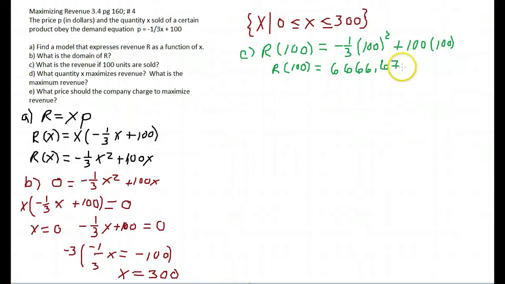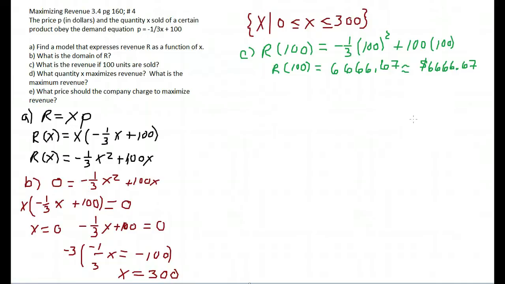So since this is money, we have $6,666.67. That's what we get when we put 100 in for x.